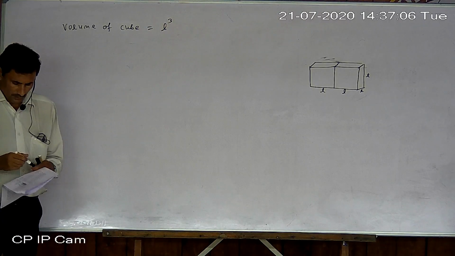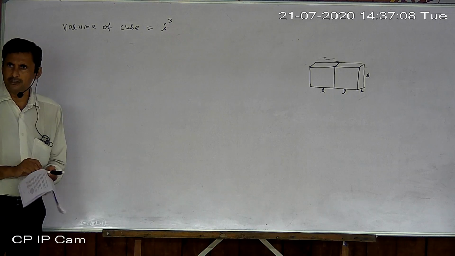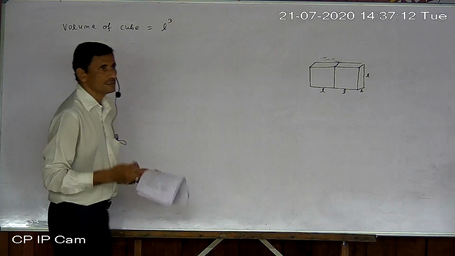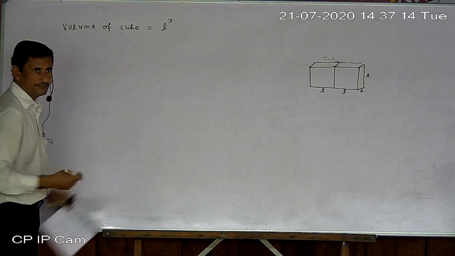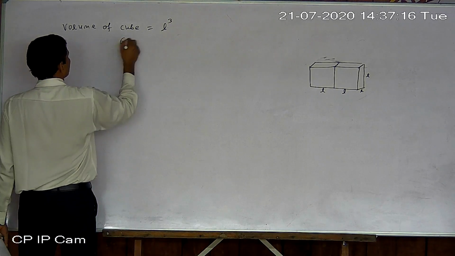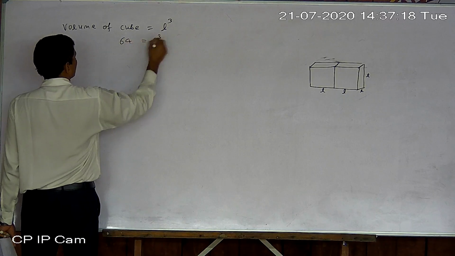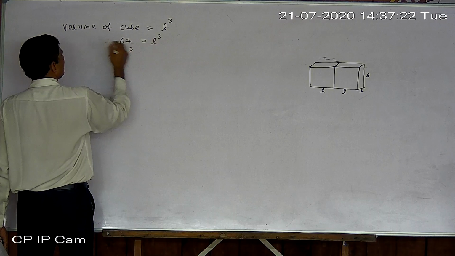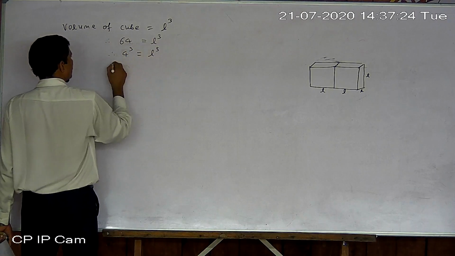Actually volume is not the main topic here. Today's main topic is area. Here volume is given, so we started from that only. So now 64 equal to L cube. Actually 64 is nothing but 4 cube. So 4 cube is equal to L cube.